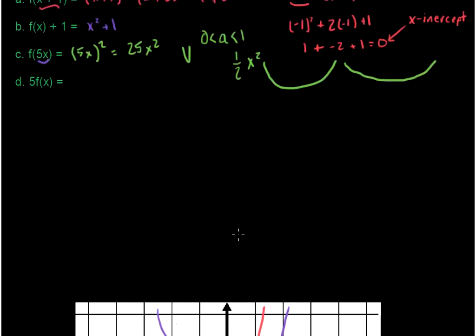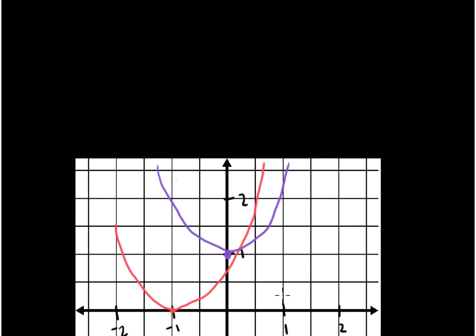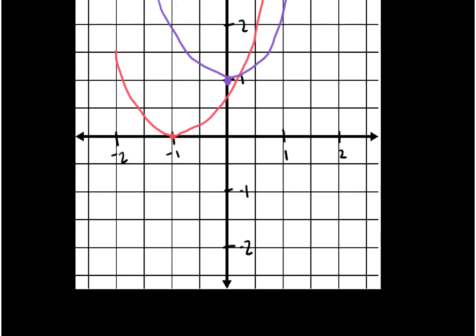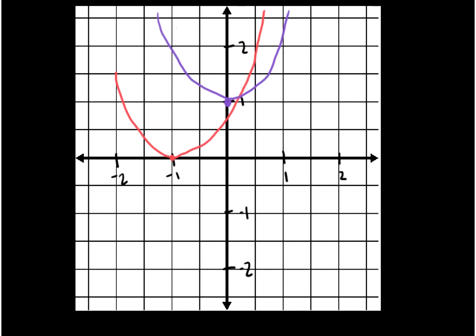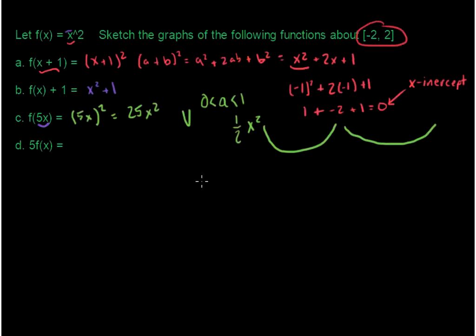So 25x squared is going to look something like this. It'll be centered here, but really skinny, like this. And this last one, I'll do that in yellow, 5 times f of x, that's just 5x squared.